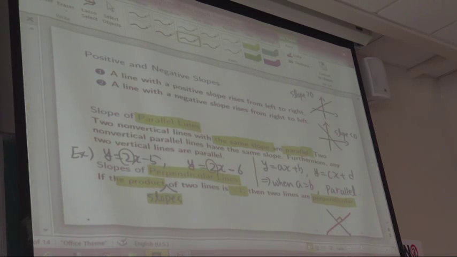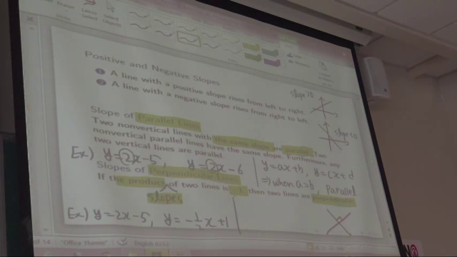An example of this is y equals 2x minus 5 and y equals -1/2 x plus 1. When you multiply 2 times -1/2, the product is -1, so these two lines are perpendicular.